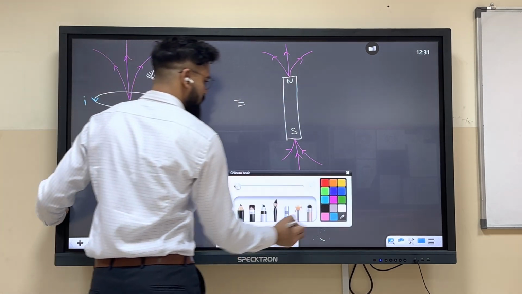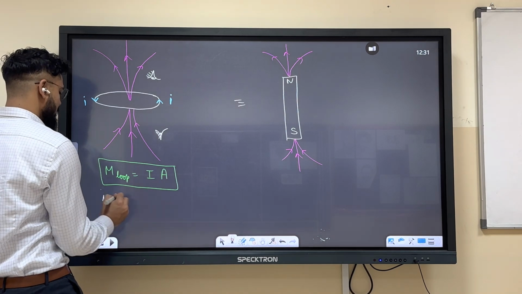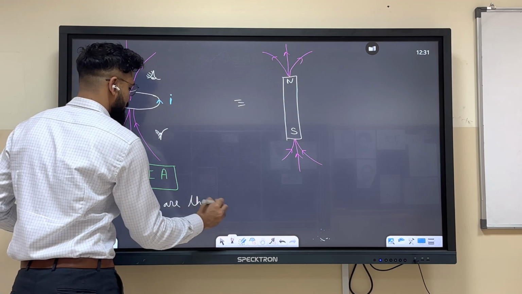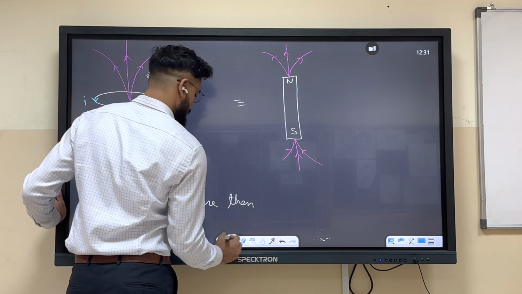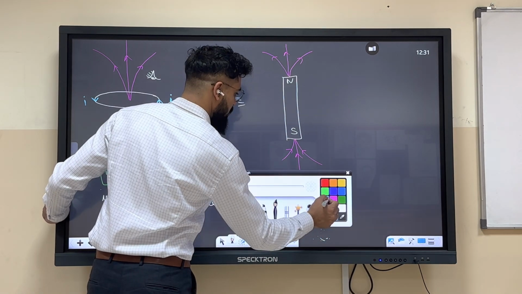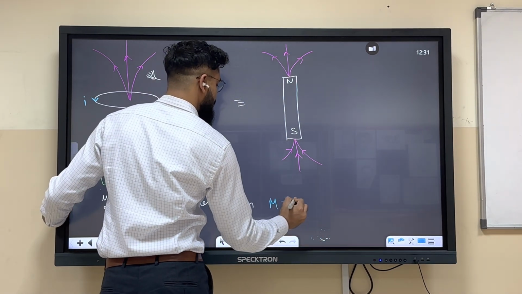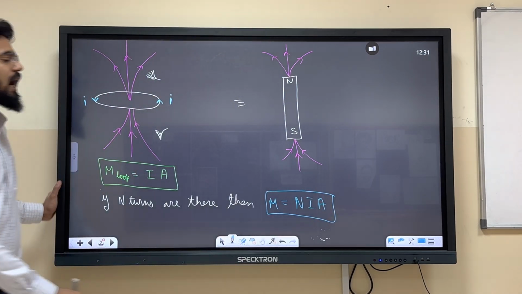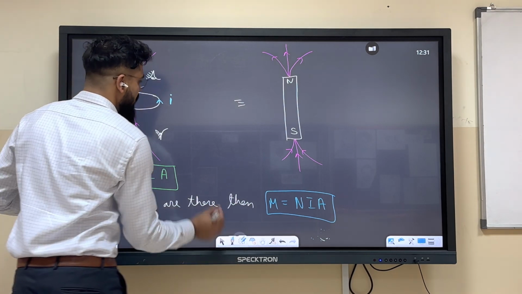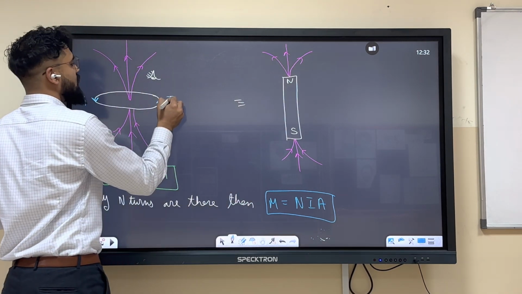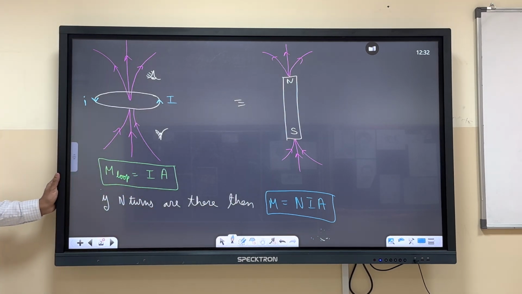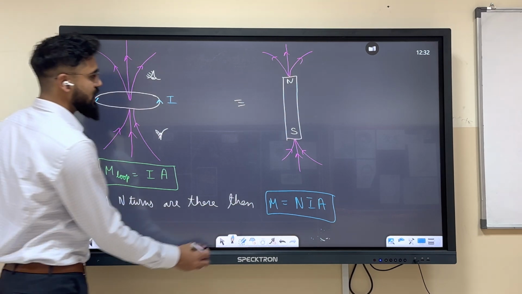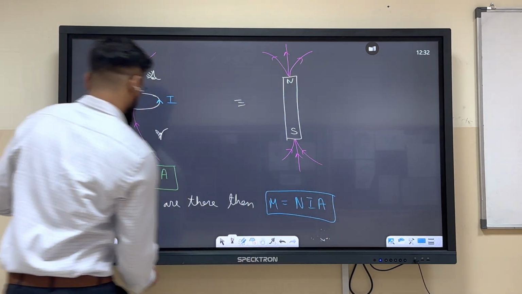If n turns are there, then M becomes N I A. Here I is the current that is flowing in the coil, and A is the area of the coil.